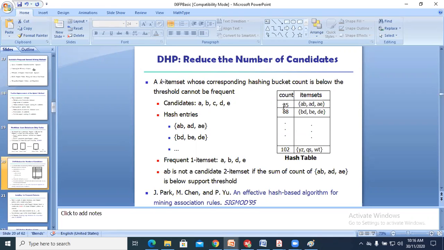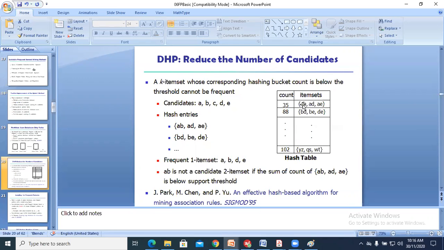This is 35. And if this count is below the minimum support, we will say that this pattern is not frequent.